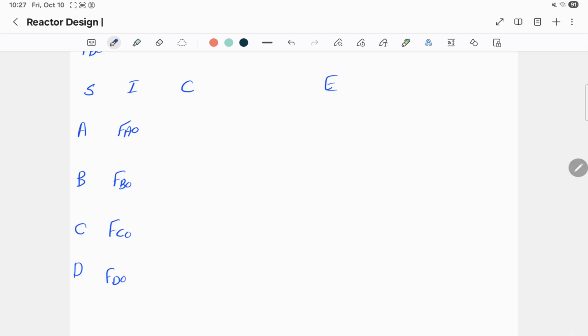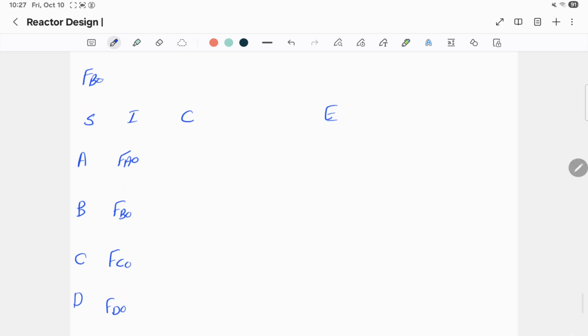For the converted, you always want to start with your limiting reactant. Since it's a reactant, it has to be minus initial flow rate times X, which is the conversion rate. So basically, this is how much of B, or of our limiting reactant, has been converted or consumed or reacted.